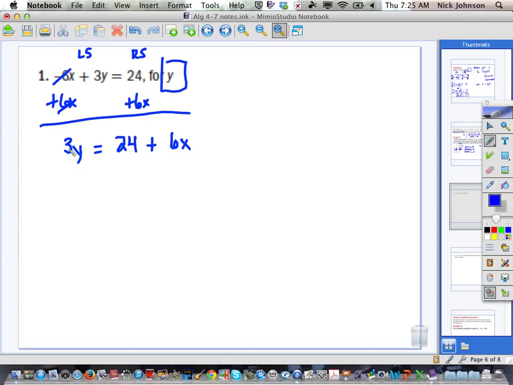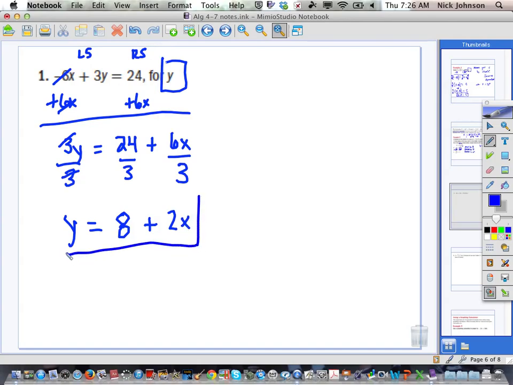It still has a 3 on it. The inverse of multiplying by 3 is dividing by 3. y equals 24 divided by 3 is 8. 6 divided by 3 is 2. And don't forget your x.